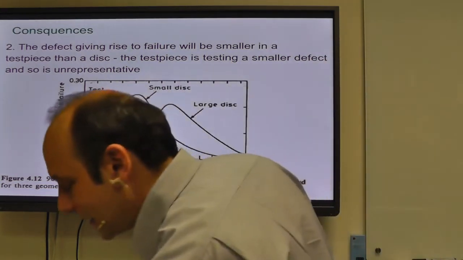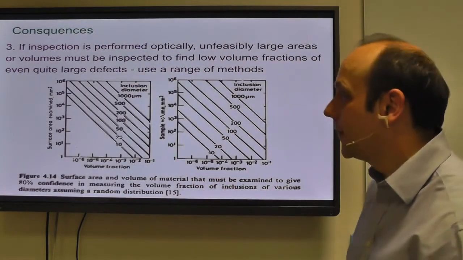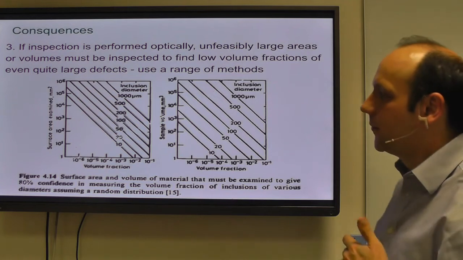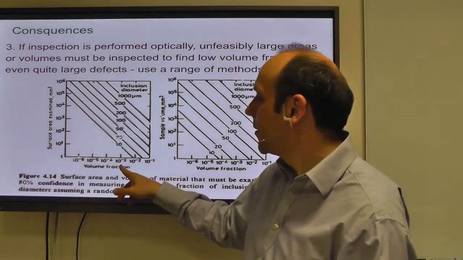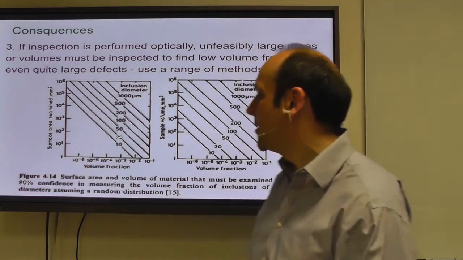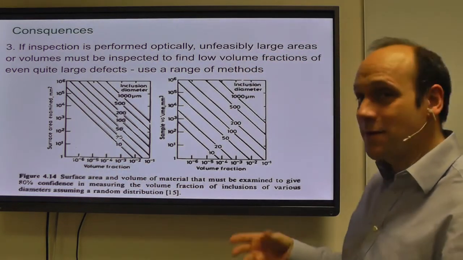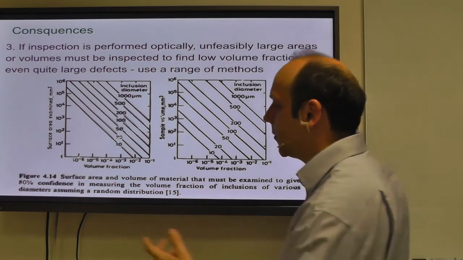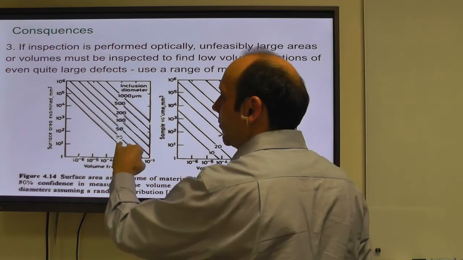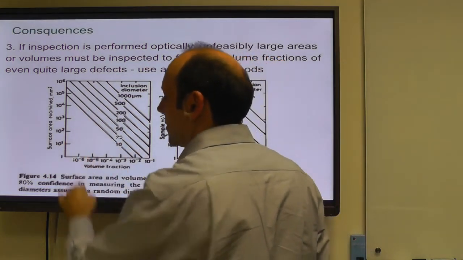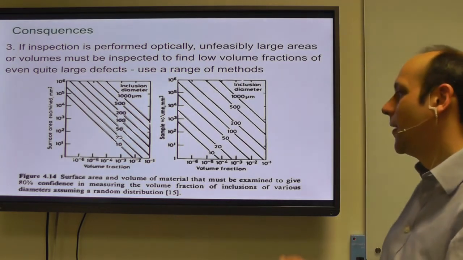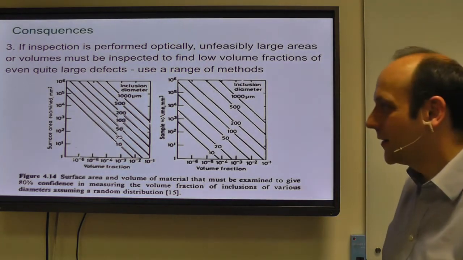The other thing is that if you're inspecting, if you have a given volume fraction of defects, of inclusions, and a given size of them, you can read off how much material you must examine in order to have an 80% confidence of finding one. So, for instance, if you have a volume fraction of 10 to the minus 3, 0.1%, 10 micron defect, you would have to examine 10 millimeters squared of material in order to measure that volume fraction correctly.